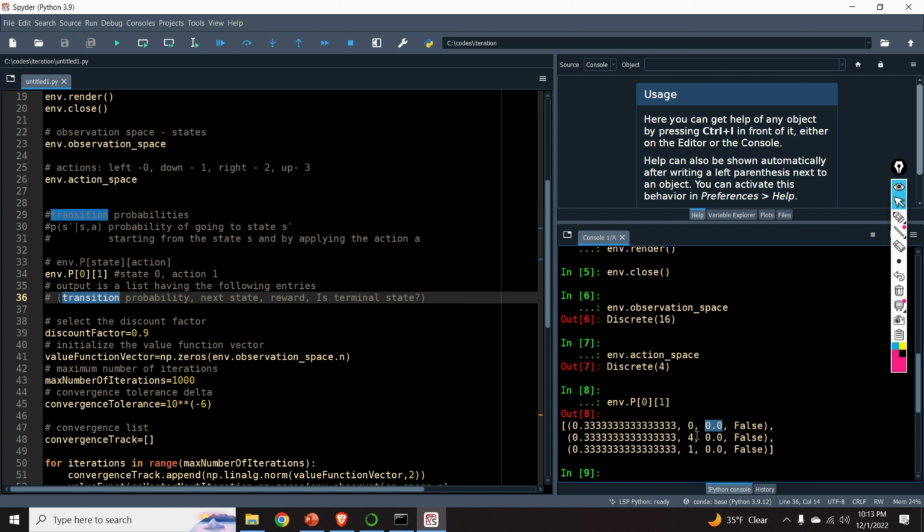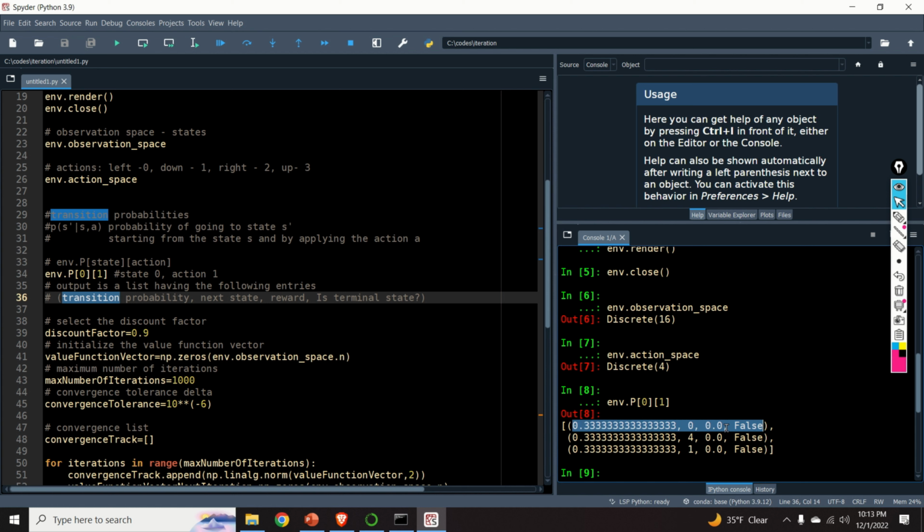This part is the reward, and this False is a Boolean variable that answers the question: is the next state a terminal state? In this case, the next state is 0, and this is obviously not a terminal state.